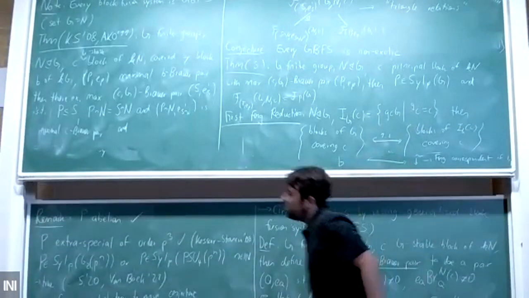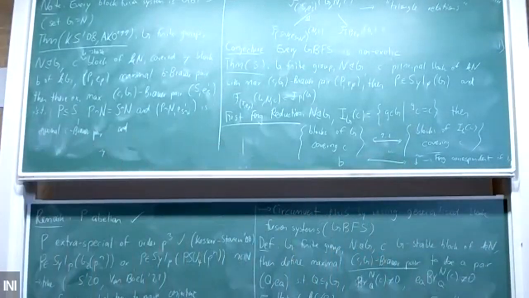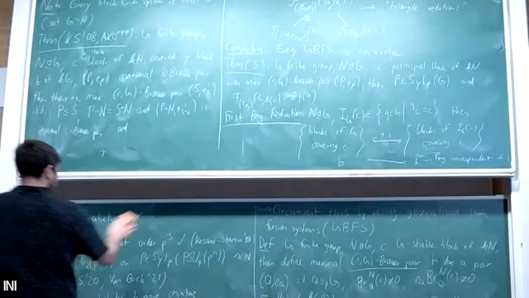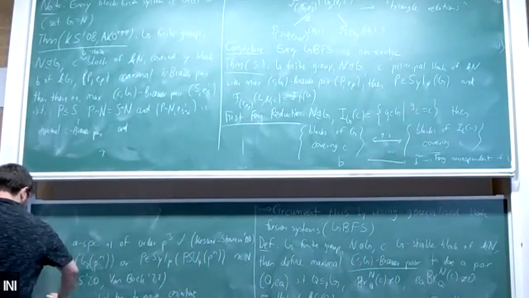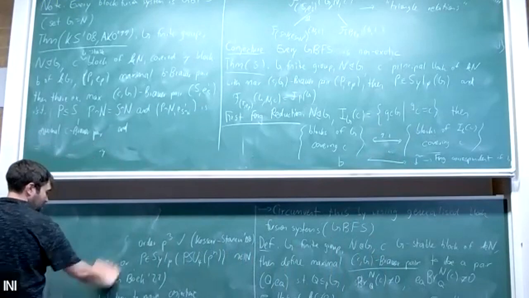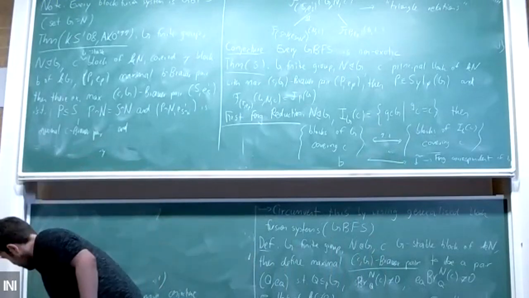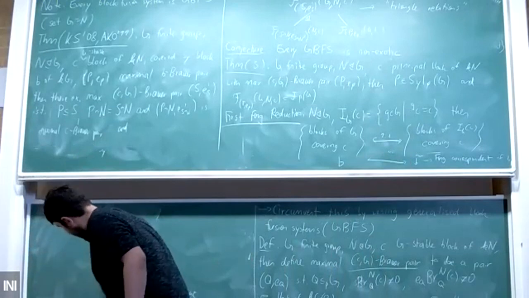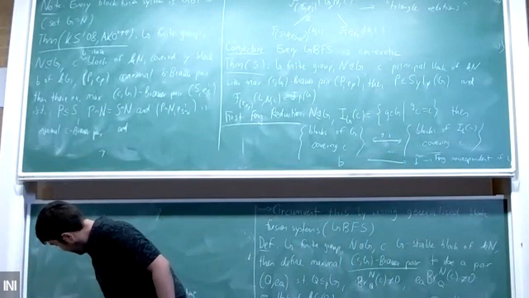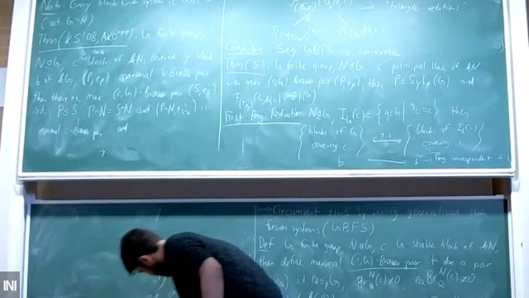Okay, so this is the point of the first Fong reduction: instead of studying any fusion system of a block, we can always change to this I_G(C), which is also called the inertial subgroup. So we can always assume stability.